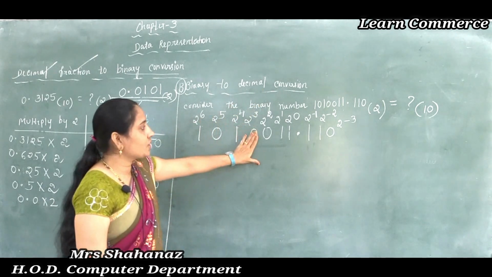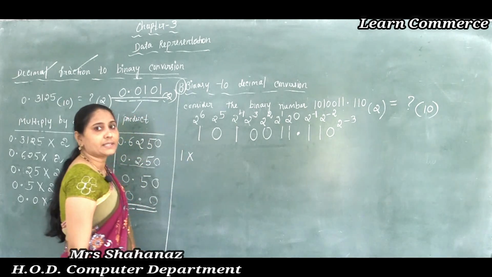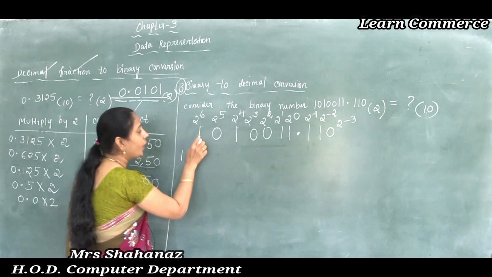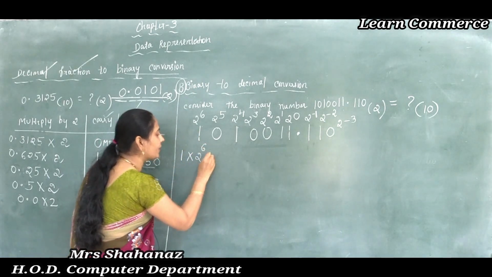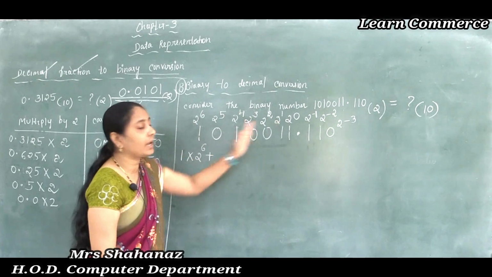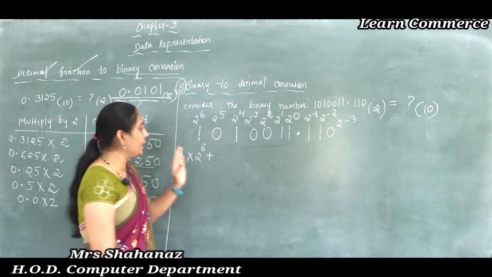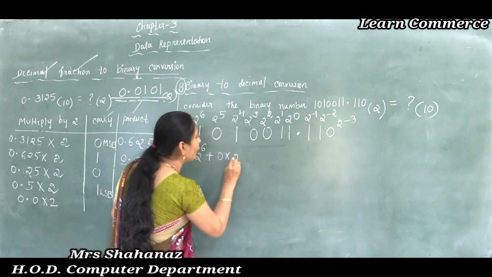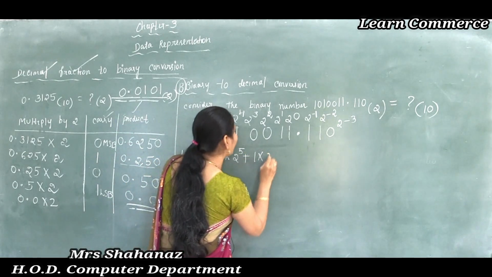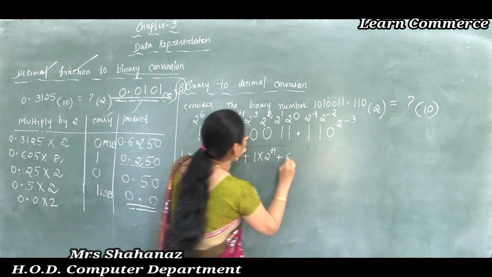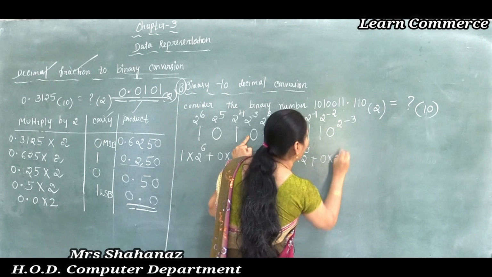Okay, now positional values are all given. Now I am going to represent this value as 1 into 2 to the power of 6. Clear this one here? So now I will move one by one after providing positional value to each bit of the binary number: 0 into 2 to the power of 5, okay here? And plus 1 into 2 to the power of 4, plus 0 into 2 to the power of 3, plus 0 into 2 to the power of 2.